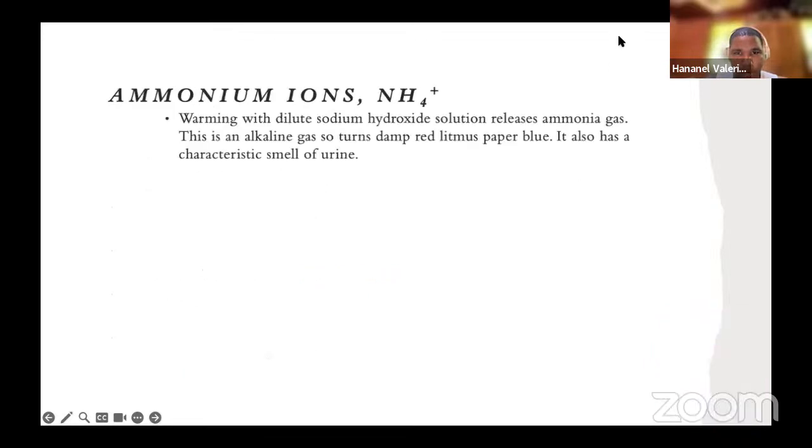In terms of ammonium ions, as we mentioned before, warming with dilute sodium hydroxide solution releases ammonia gas. And this is an alkaline gas, or a basic gas. So it of course would react with red litmus paper, turning it blue. And you also smell something like urine if you have it evolved, okay?